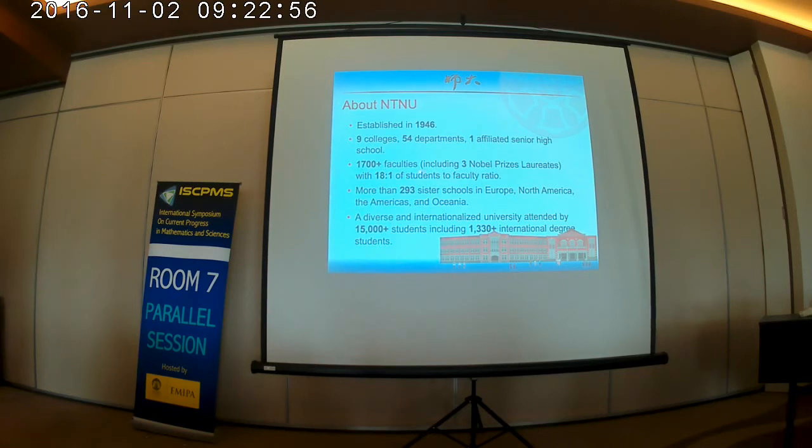The faculty includes 1,700 members with 3 Nobel Prize winners, and the student-faculty ratio is 18:1. We have 300 sister universities, and we are going to sign the UI and NTNU MOU at the university level. So we become sister universities. Brother.